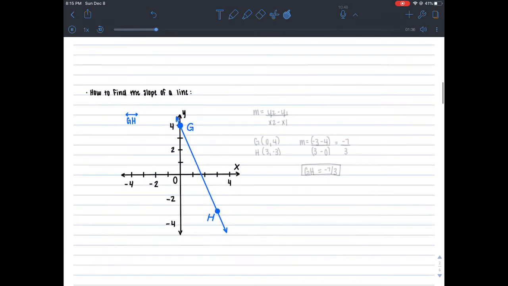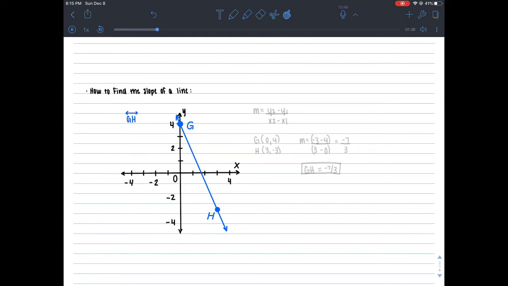So let's learn how to find the slope of a line. First, we know that we need to use the slope formula, so let's write that out. Our slope formula is m equals y2 minus y1 over x2 minus x1.